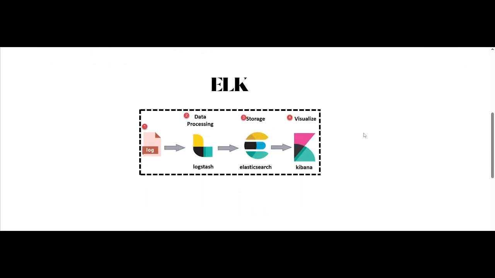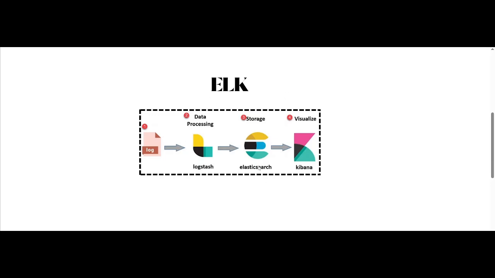Now through this diagram you can see that there is a log, there is Logstash, there is Elasticsearch, and there is Kibana, which together are known as the ELK stack.